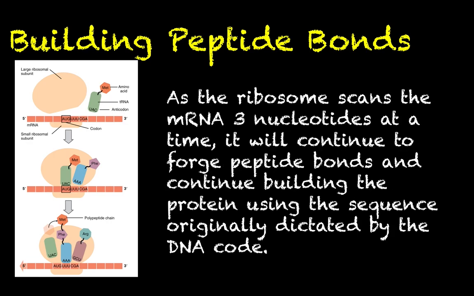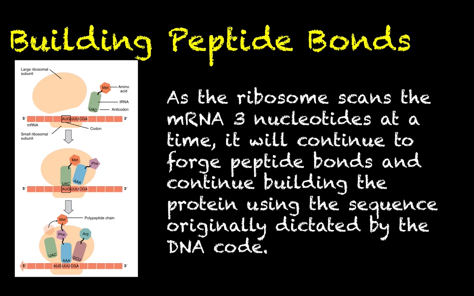So again, as the ribosome scans this messenger RNA 3 nucleotides at a time, it's going to continue to forge peptide bonds over and over and over again. It's going to continue to build an amino acid polymer, a polypeptide, and the sequence of amino acids in this polypeptide should exactly match what is dictated in the genetic code, in the DNA code.